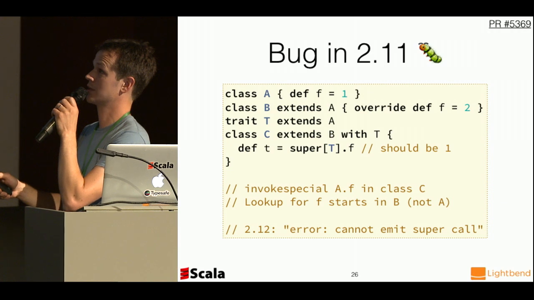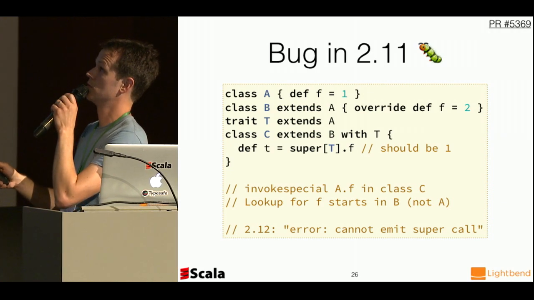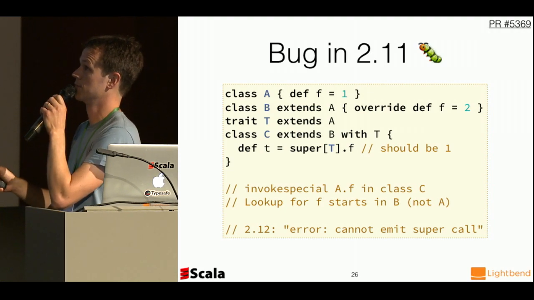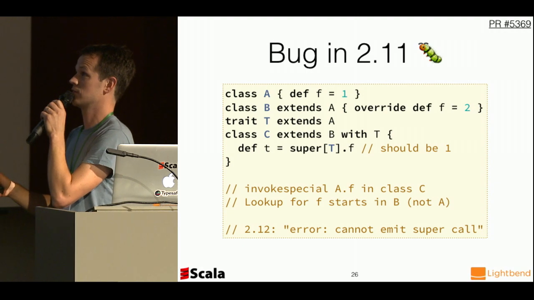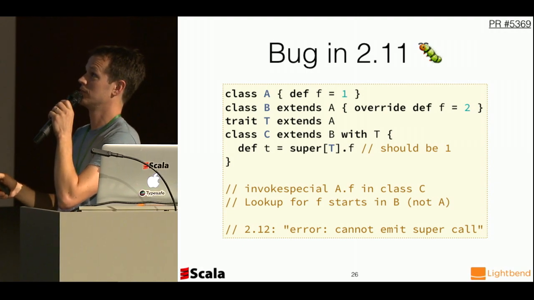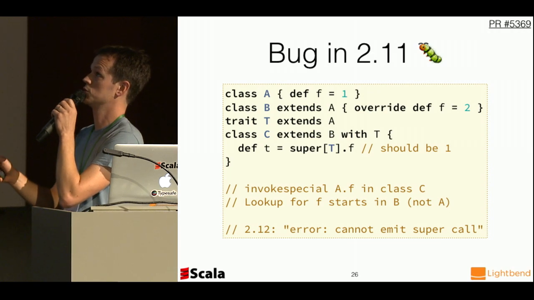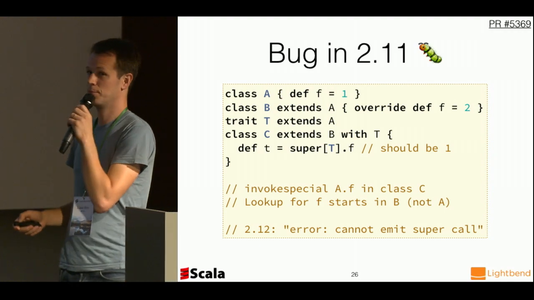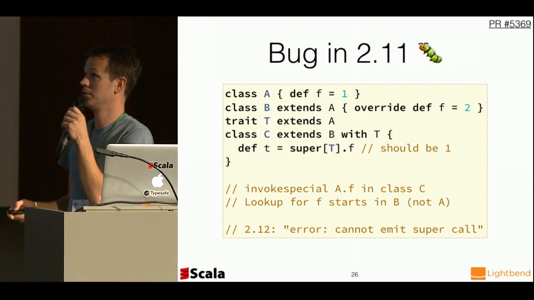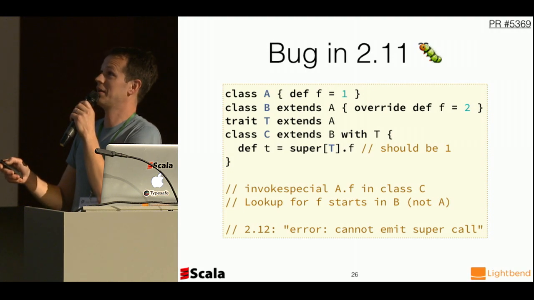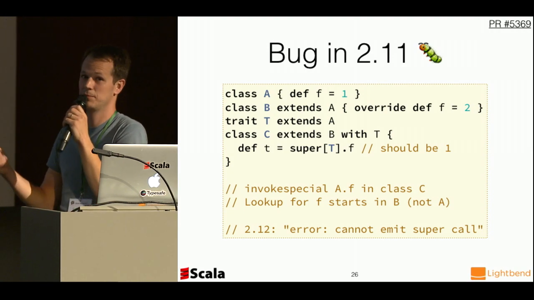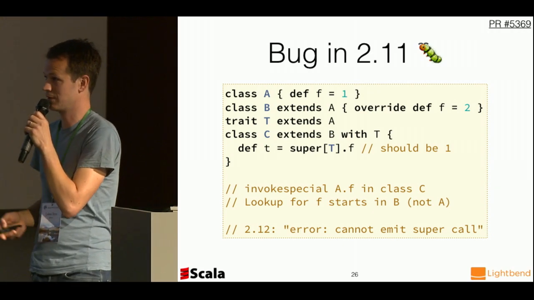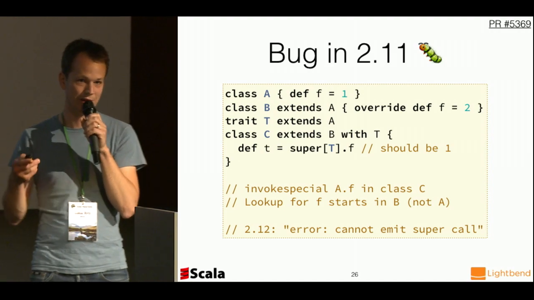And the class C has superclass B, so B.f is this one here, but it also mixes in T. And then we manually write a method that says super[T].f. According to the Scala specification, that should resolve to the method f defined in A. But the problem is we cannot even do that in bytecode, because if we write super A.f, the lookup will start at B and we get the wrong method. So in 2.11 you get the wrong answer in this case. In 2.12 you get a new error message saying that you cannot emit this super call.